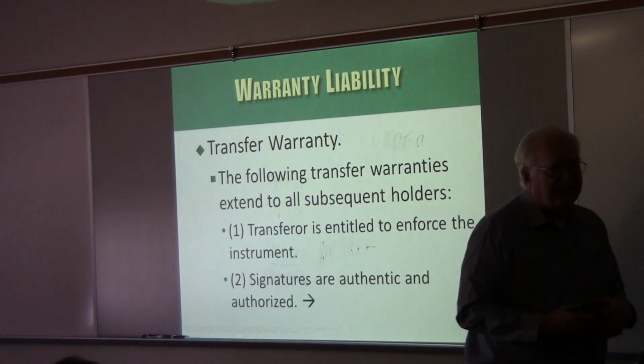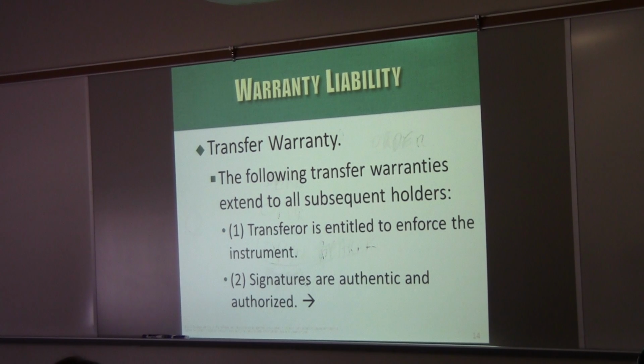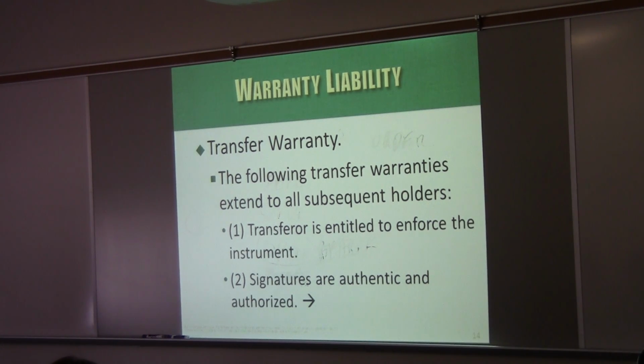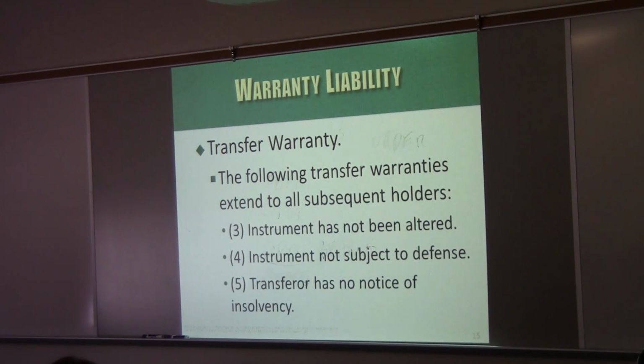So you have the right to enforce the instrument, which means that if you endorse it to Colby, he takes over in your stead. Signatures are authentic and authorized. The instrument has not been altered. The instrument is not subject to defense. And the transferor, the person making the endorsement, has no notice that the maker cannot pay the debt.